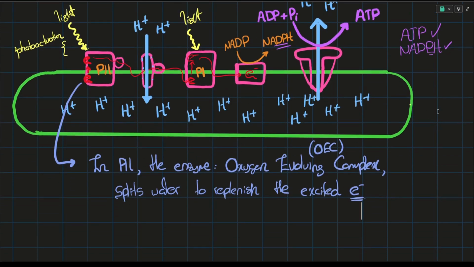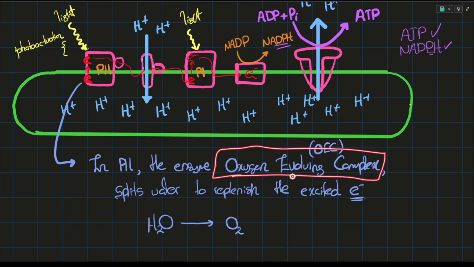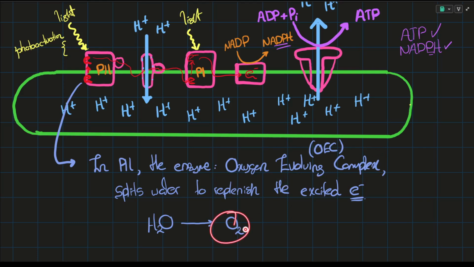The process looks something like this. We take water and it's going to split it into oxygen. That's why this is also termed the oxygen evolving complex, because the ultimate result of this enzyme is the production of oxygen.